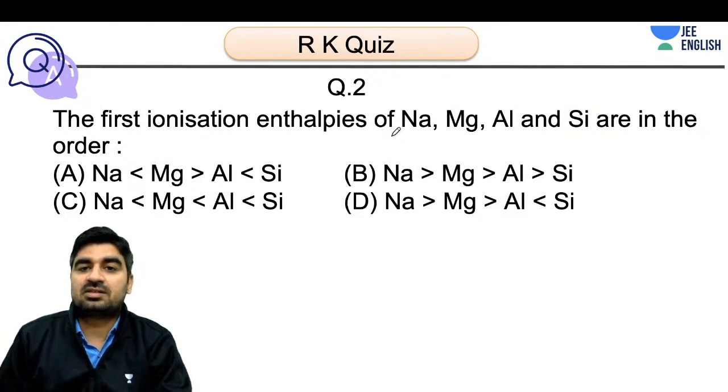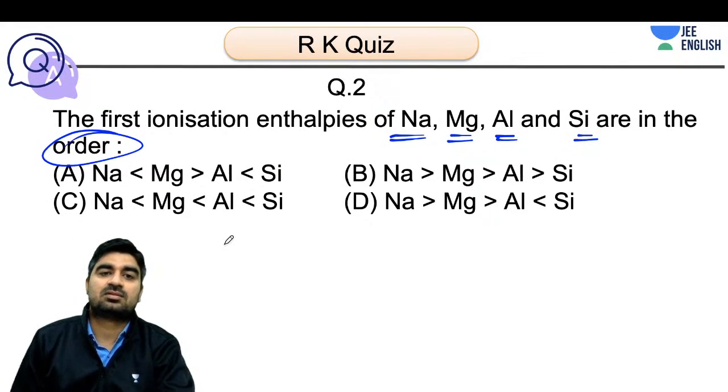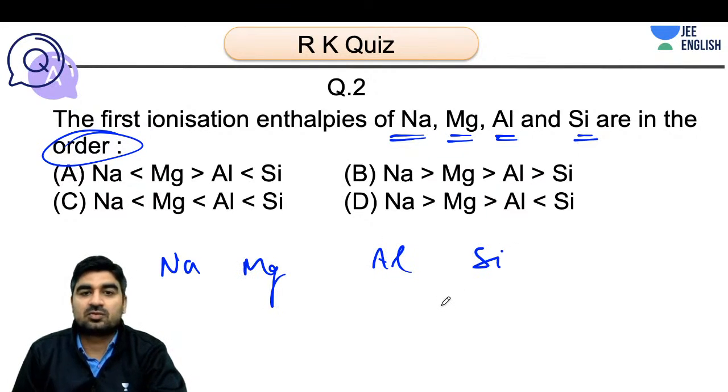The first ionization enthalpy of Na, Mg, aluminum and silicon are in order. So I just told you how you can solve it. Na, so what will be the order?